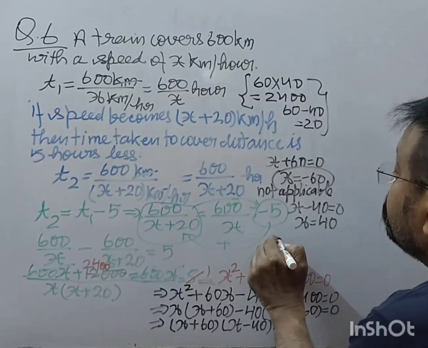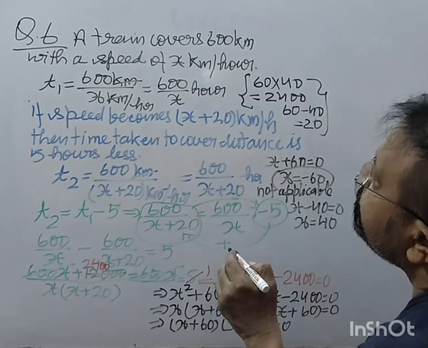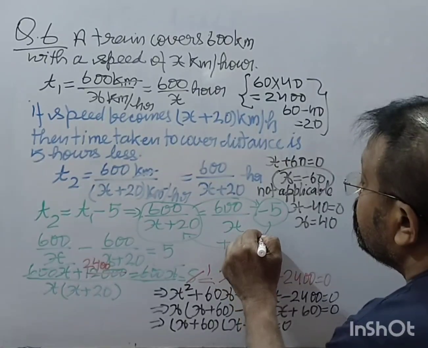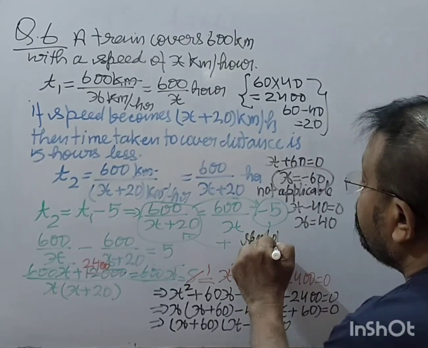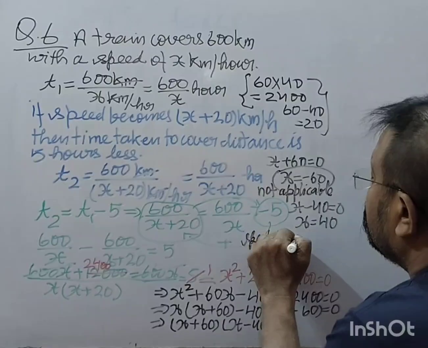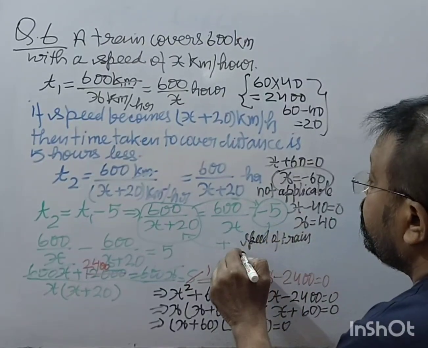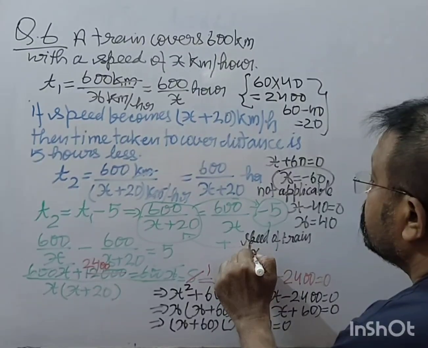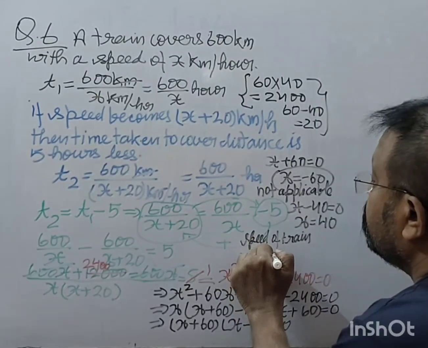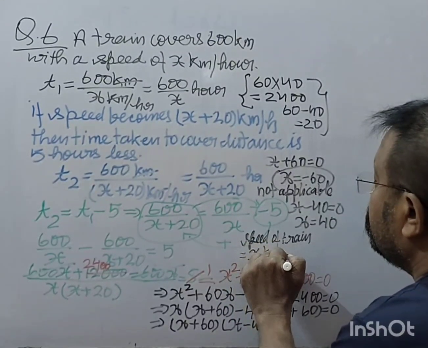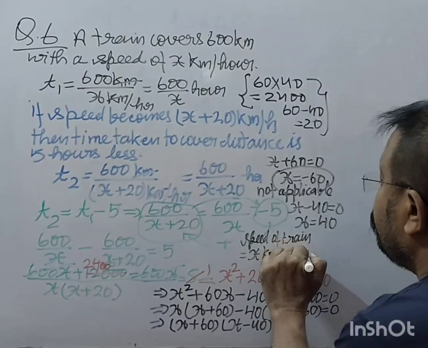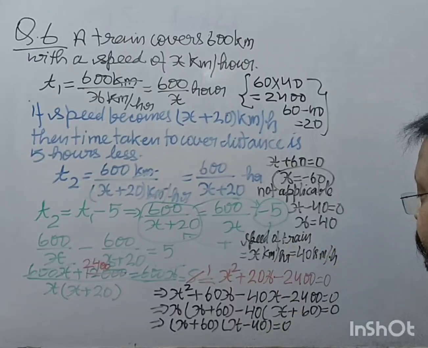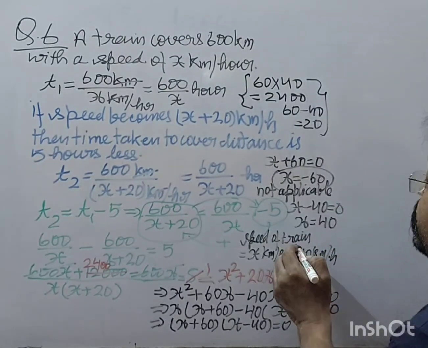So you get how much? So speed of train is equal to x kilometer per hour, or it is 40 kilometers per hour. Do you get this? So this is your answer.